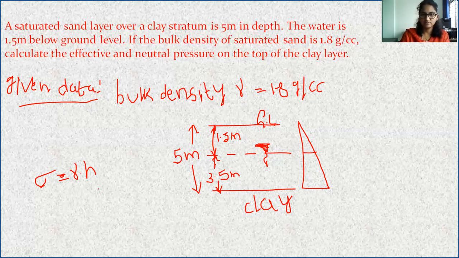Next, neutral stress sigma is equal to gamma W into H, that means the layer's unit weight of water multiplied by height. The unit weight value is not given, but you can take it as 9.81 kilonewton per meter cube, or 1 gram per cc.